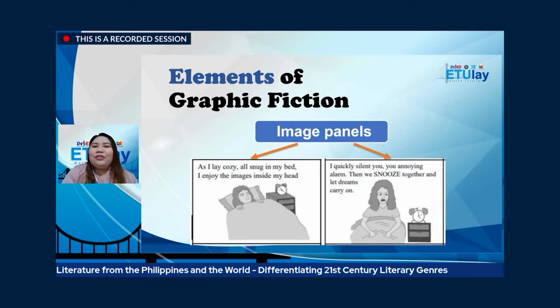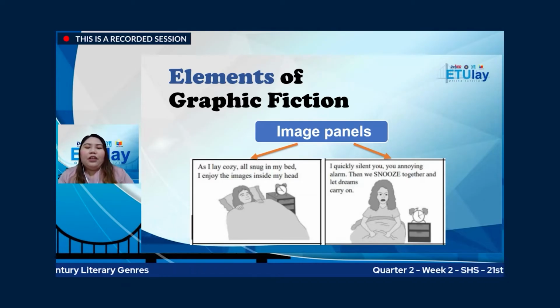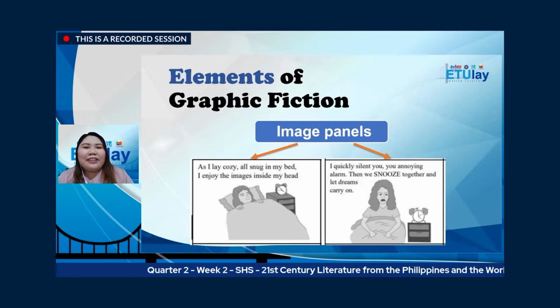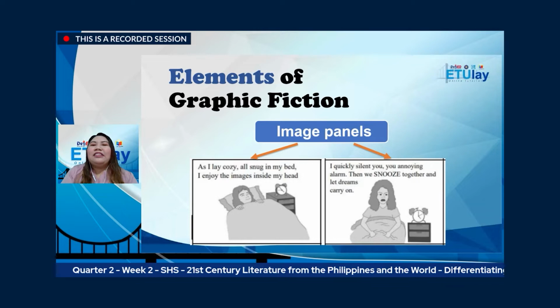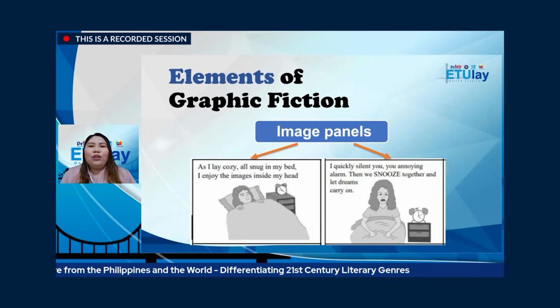Now, when it comes to panels, image panels, or frames in layman's term, we consider their sizes and shape. Usually they're elongated to have that striking effect. Sometimes they're bigger in size because there's this climactic scene that the author wants you to enjoy. Okay.